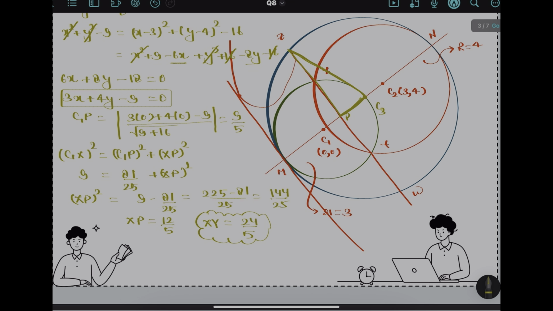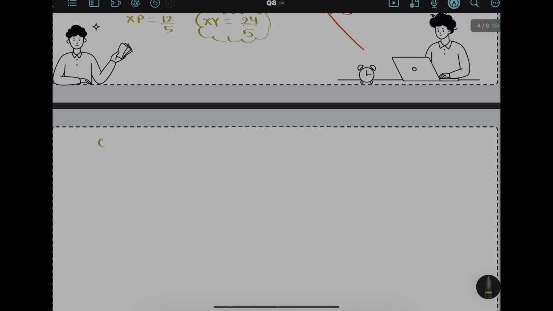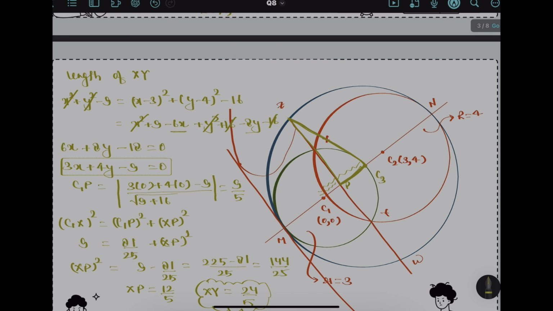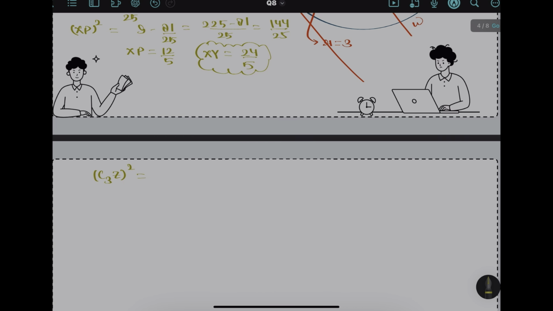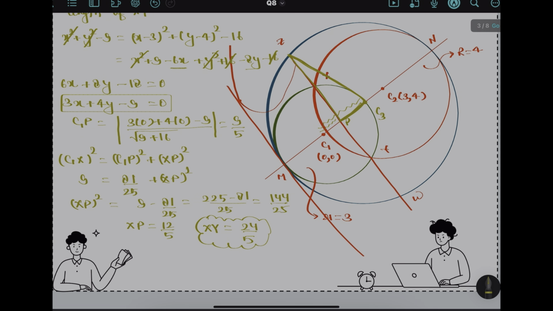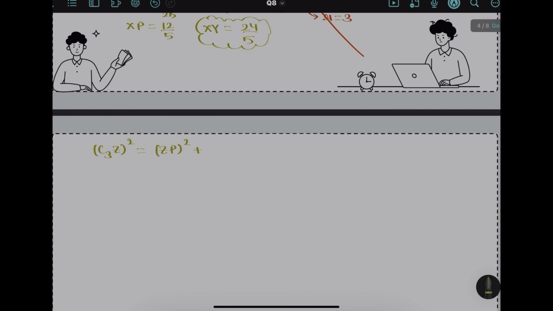Now, can I say that C3P would be this minus this? I'll write down the first formula. C3Z, hypotenuse, squared is equal to ZP squared plus C3P squared.